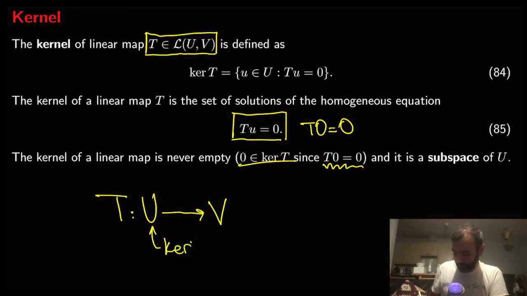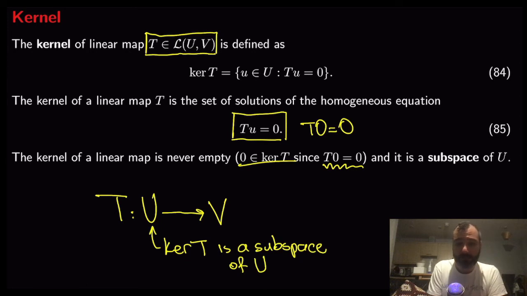The kernel of T is a subspace of the linear space U. I have it in the slide, but I wanted to emphasize this very much. So two things I want you to keep from this slide. First, the kernel is a subspace of U, and second, the kernel is defined as the solution of the equation T of U is equal to 0.